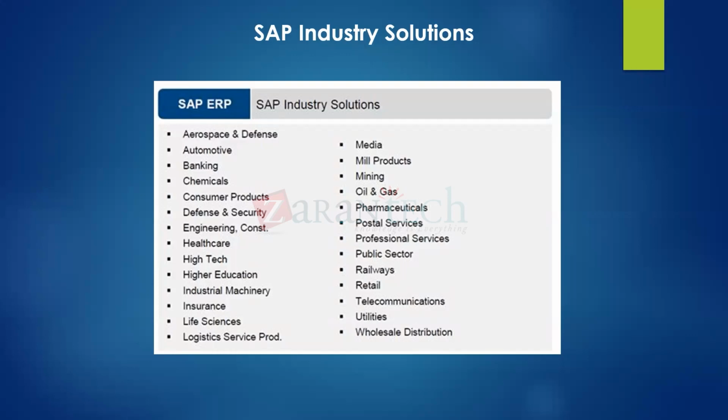So SAP has designed its screens, tables, and reports to suit each industry. A company working in a particular industry has to install the software related to their industry. So like this, there are that many industries.